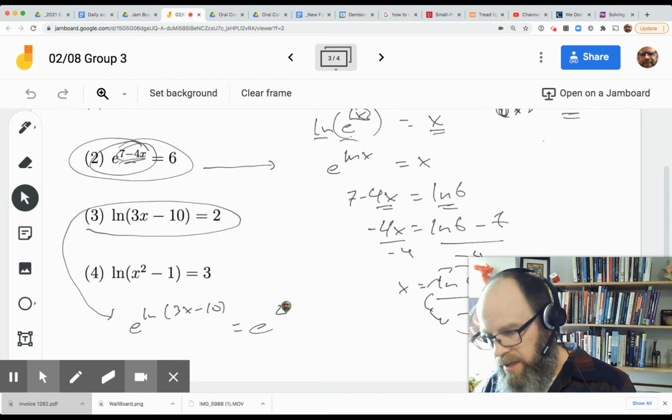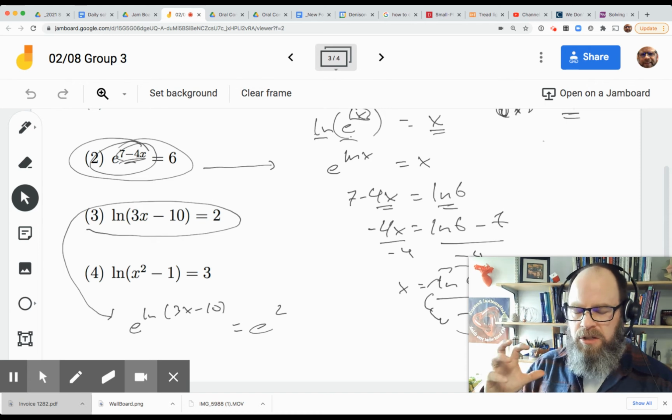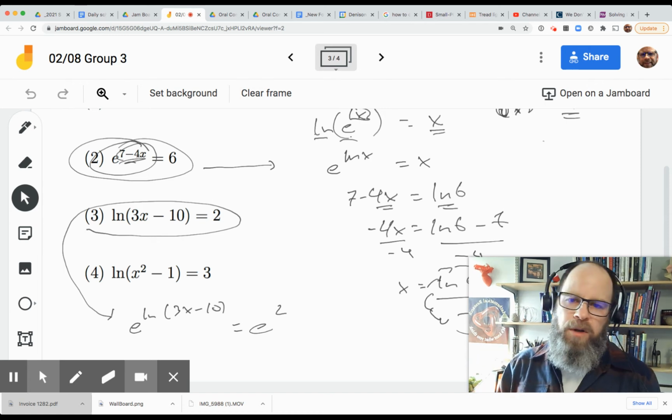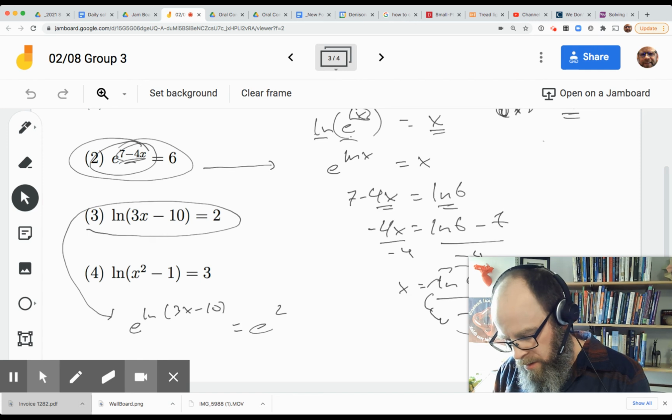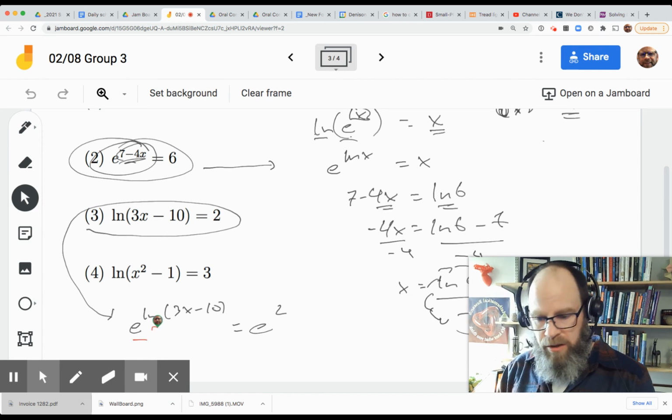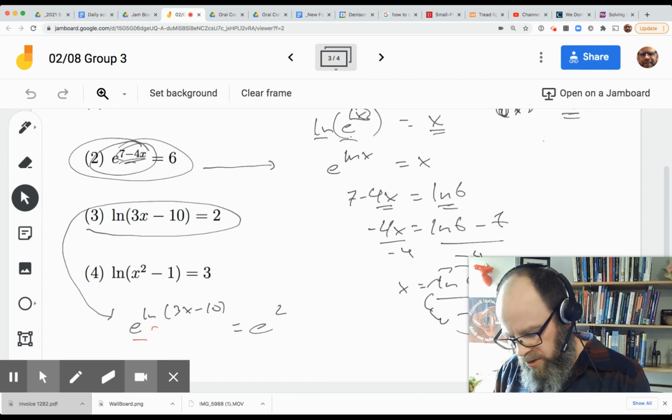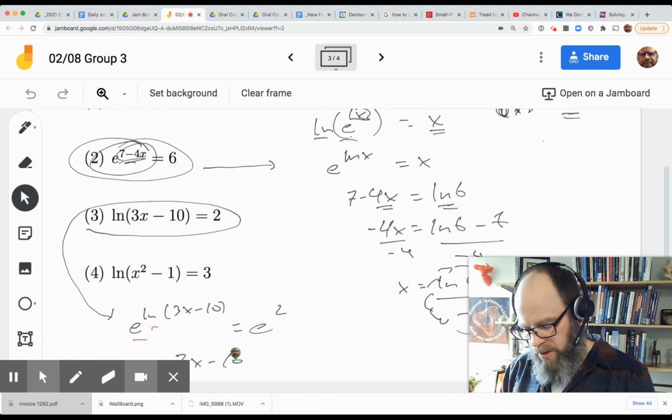So it's going to be e squared on the right-hand side, and the other side is going to be this messy-looking e to the natural log of 3x minus 10. But again, please don't forget, these two guys cancel each other out. So what we're left with is just a plain old 3x minus 10, because those are inverses of one another.